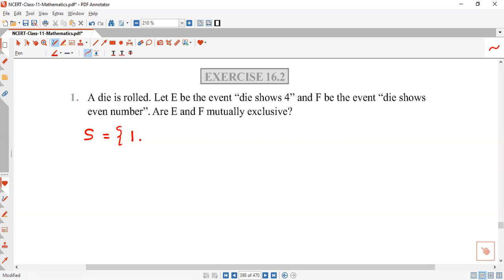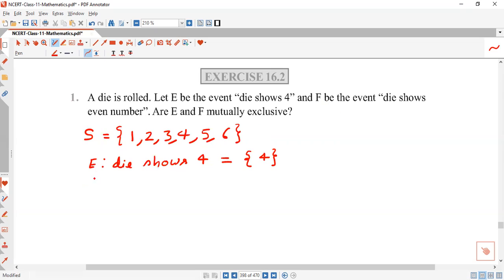Sample space will be 1, 2, 3, 4, 5, 6. This is the sample space. And E is the event, die shows 4. So what is the set of this event? Die shows 4 means there is only one element.